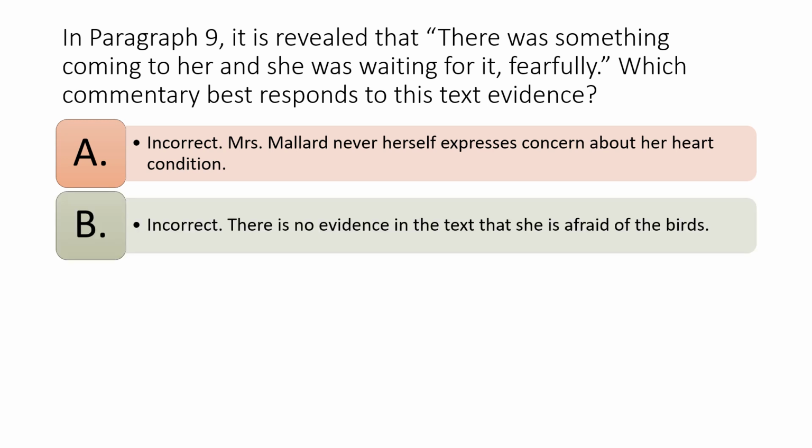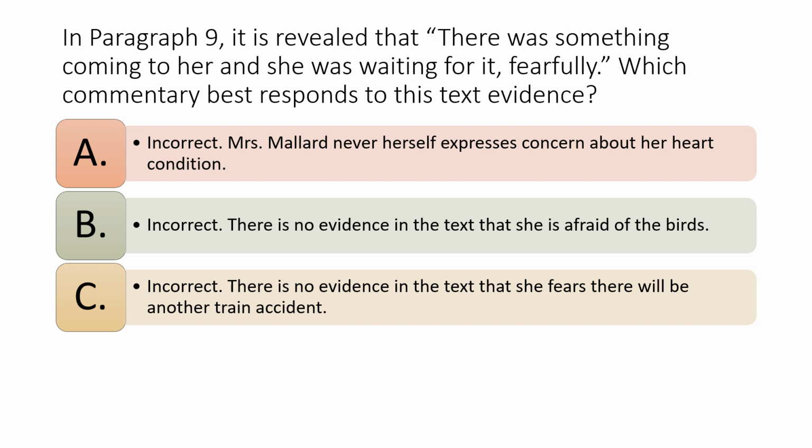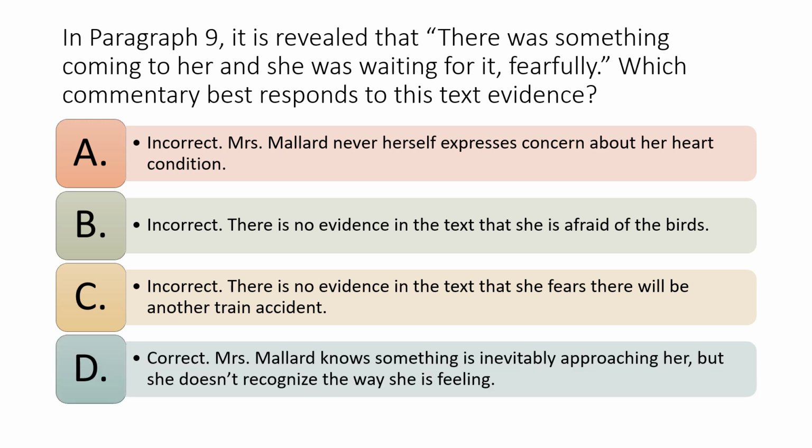There is no evidence in the text that she is afraid of the birds. C is incorrect. There is no evidence in the text that she fears there will be another train accident. D is correct. Mrs. Mallard knows something is inevitably approaching her, but she doesn't recognize the way she is feeling.